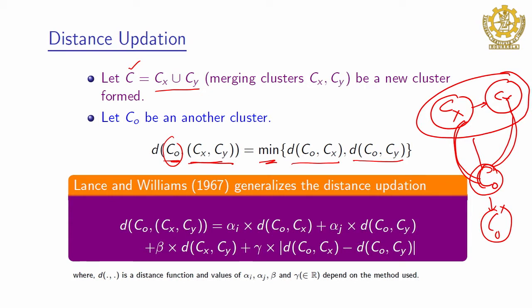Similarly, for complete linkage we take the maximum of these distances, and for average linkage we will have something different, not simply the average of these 2 distances. So, Lance and Williams generalized this distance update. What is that?